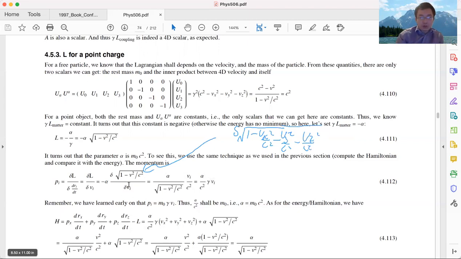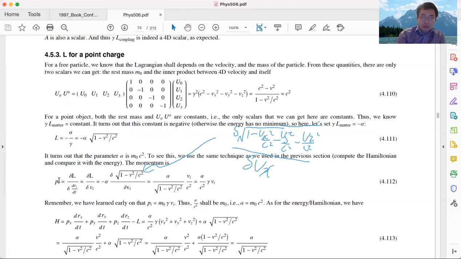I'm just rewriting v squared as vx squared plus vy squared plus vz squared. Then we take a partial derivative with respect to, say, vx, and I get the momentum along x. If we do the derivative with respect to vy, we get the momentum along the y direction. For vz, we get the momentum along the z direction. This is a standard first order derivative of the square root function, and if we go through this calculation, this is what we get.